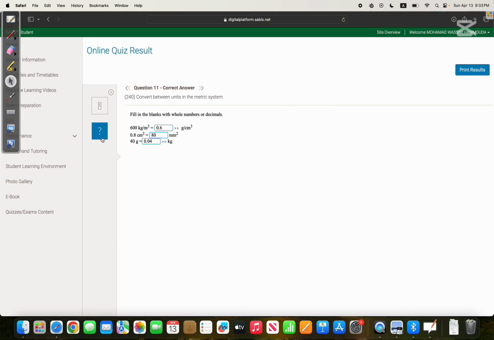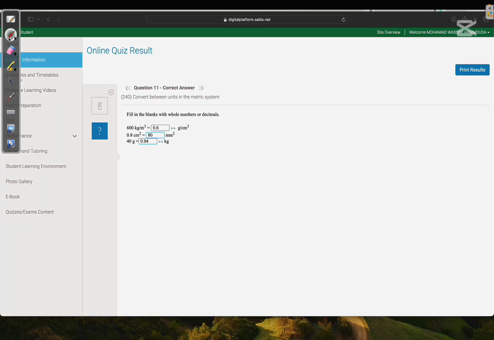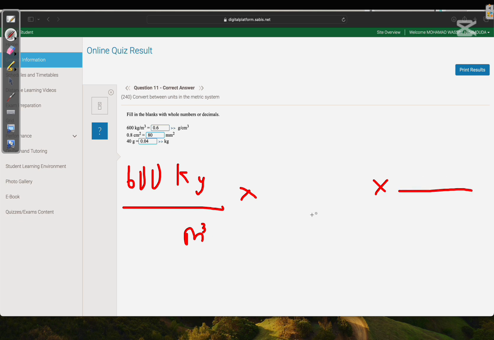Number 11. Fill in the blanks with whole numbers or decimals. Let's start with 600 kilograms per meter cubed, to grams per centimeter cubed. So 600 kg per meter cubed, times. Let's start with the kilograms.